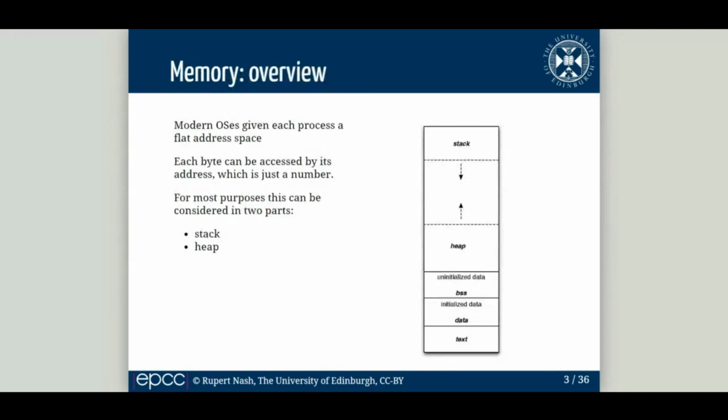Here we will focus more on memory. So when we run a program, the operating system is the one that manages the memory and provides us with a chunk of memory for that program.